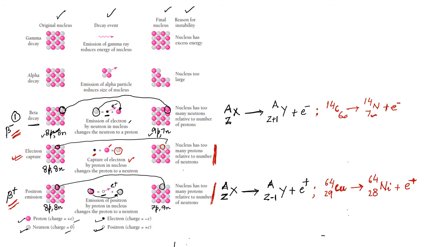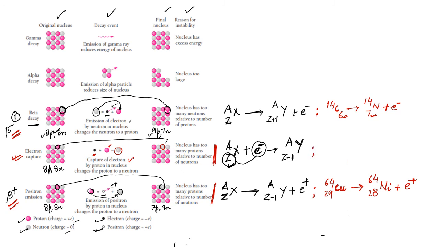If I write A X Z, what happens? This proton captures an electron, and then a proton becomes a neutron. So there is one less proton.